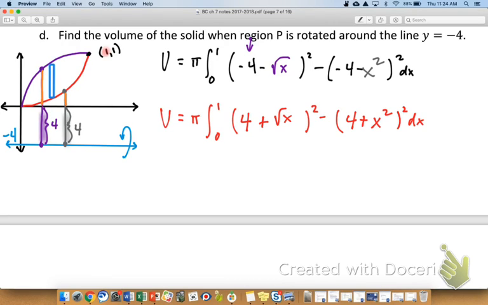Wait, I'm so confused, why doesn't that work? Can you explain that again? The big radius is supposed to be the distance from here to here. How is this 2 plus this little distance equivalent to that? I just don't think they're the same.